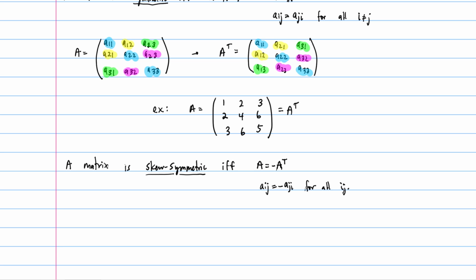Again, if i and j are equal, this gives us some criteria, at least on the diagonal. So just think about this.